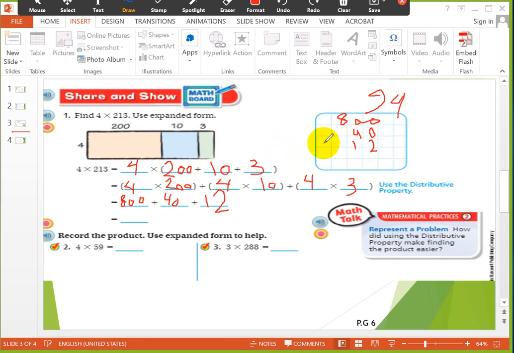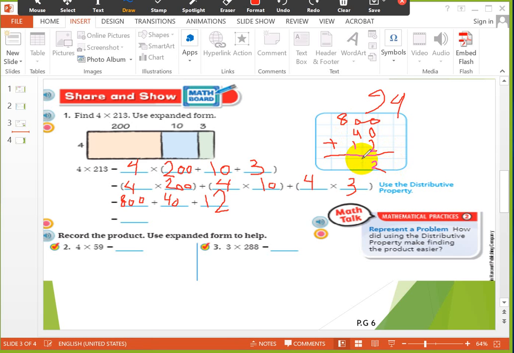Okay. Then I will find the answer. Let's find the answer here. Now 0 plus 0 equals 0 plus 2 equals 2. Your answer is correct. Now 0 plus 4 equals 4 plus 1 equals 5.